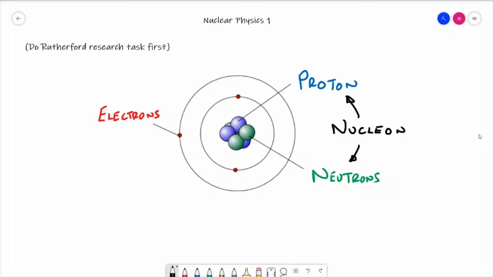Firstly, Niels Bohr came up with the idea of electron orbits in 1913, a couple of years after Rutherford's model. Schrödinger then in 1926 came up with the quantum model and looking at how electrons are quantum particles. And if you did the extension task for Electric Fields 3, you'll have heard me talk about the idea of electrons behaving as waves as they're orbiting. And then Chadwick's model, which is very similar to what's on the screen, was in 1932, a little bit later on.